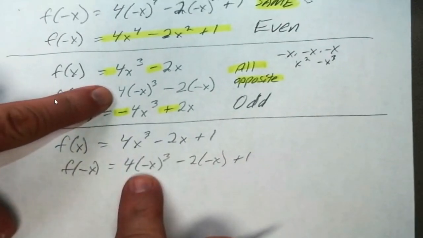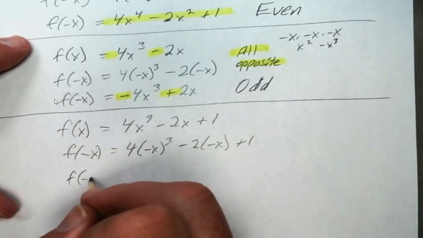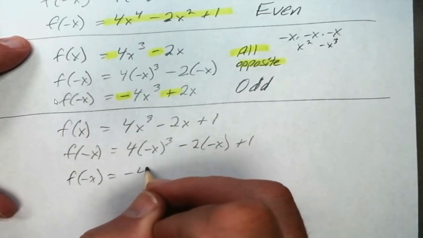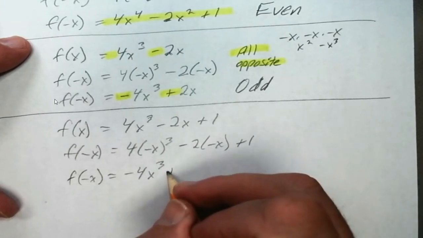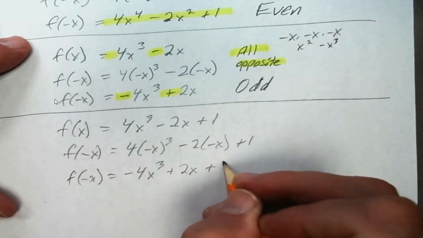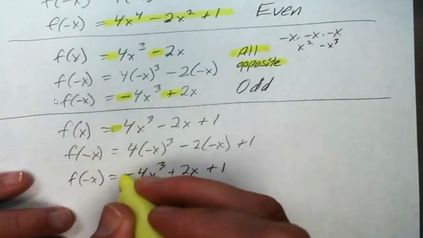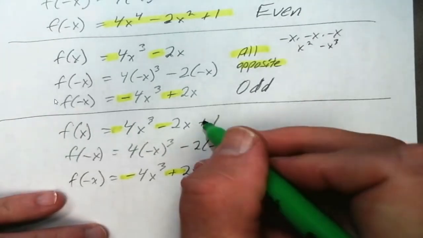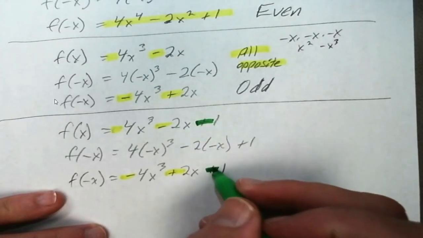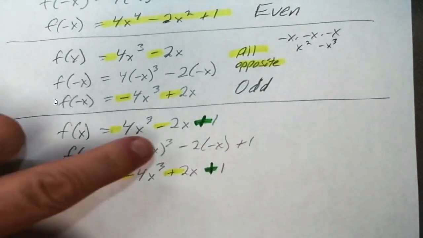Well, we know that this simplifies to negative 4x to the third. Negative 2 times negative x is a positive 2x plus 1. Well, look, this was a positive, it's a negative. This was a negative, it's a positive. This was a positive, it's still a positive. This did not change.